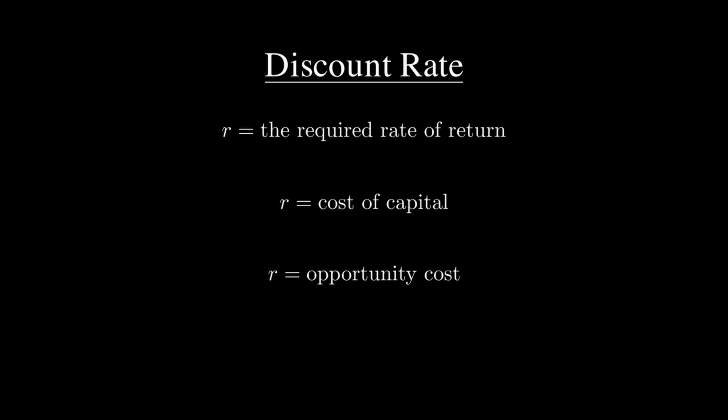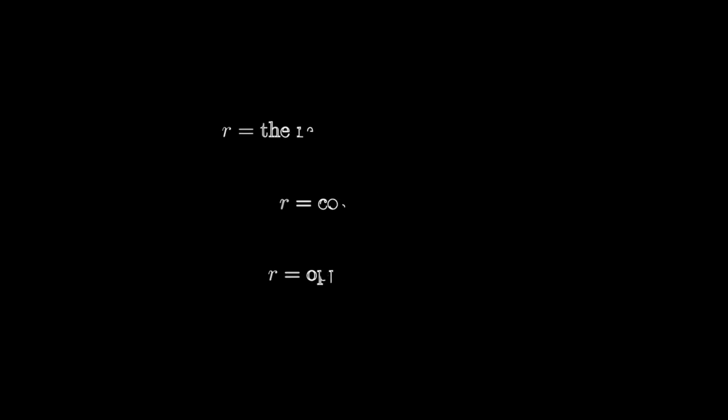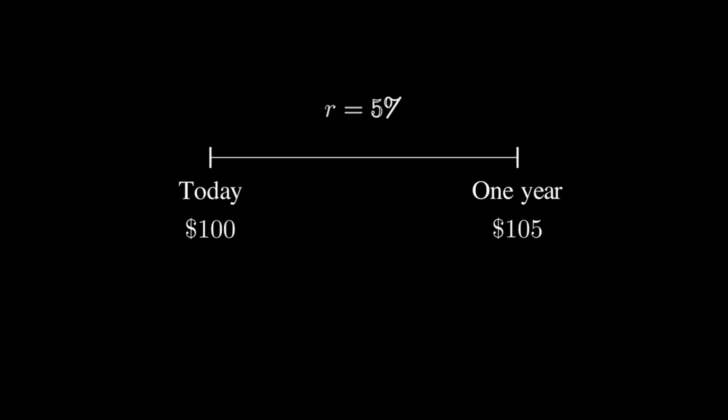Alternatively, you can define R as the opportunity cost of capital, which is the alternative return that investors forgo in undertaking the investment. For example, let's say an investor could receive $100 today or a year from now. Most investors would not be willing to postpone receiving $100 today. However, what if an investor could choose to receive $100 today or $105 in 1 year? The 5% rate of return might be worthwhile if comparable investments of equal risk offered less over the same period.